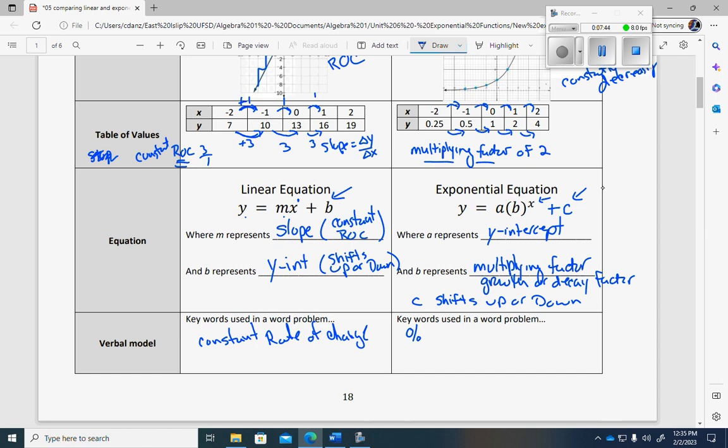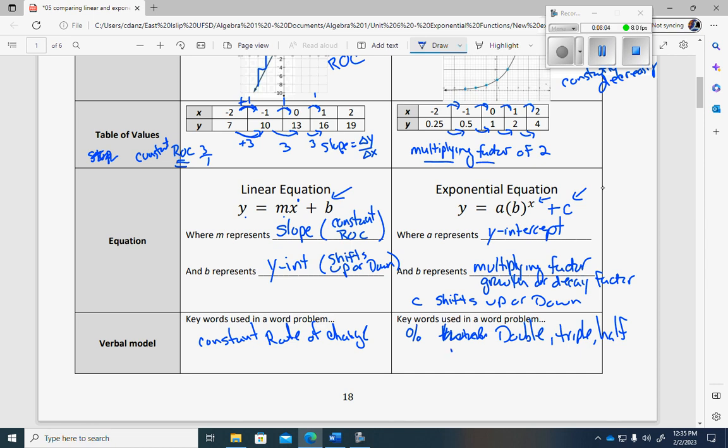We can see words like double, triple, half. What else?